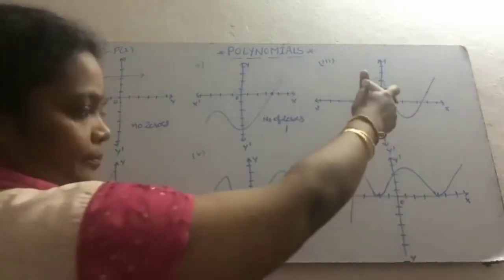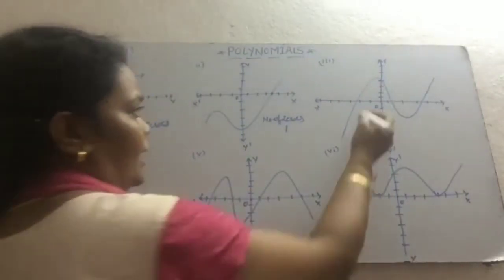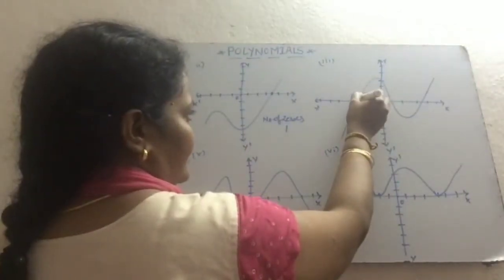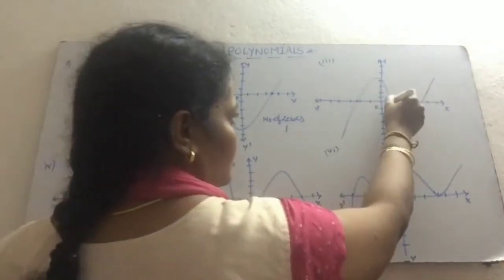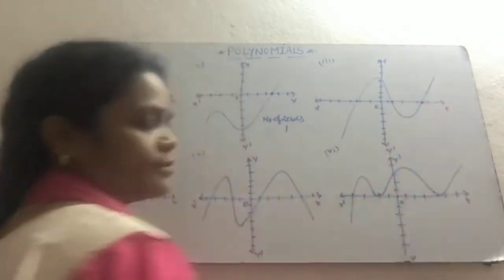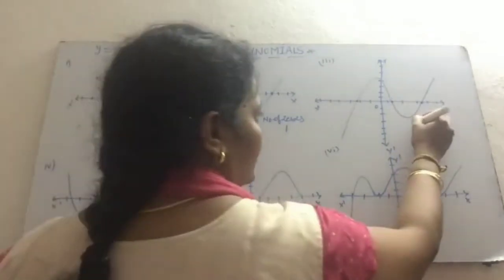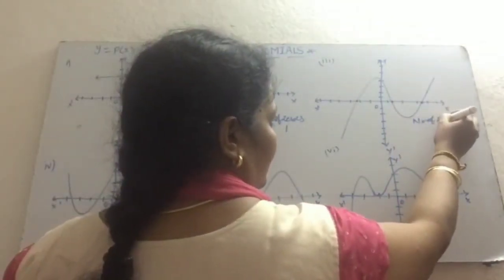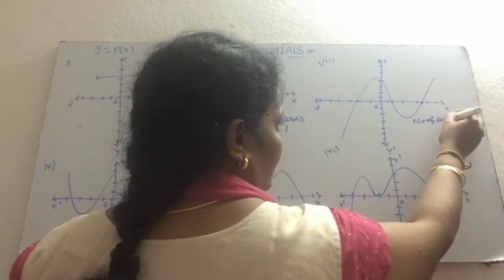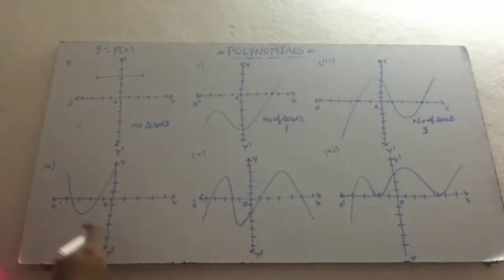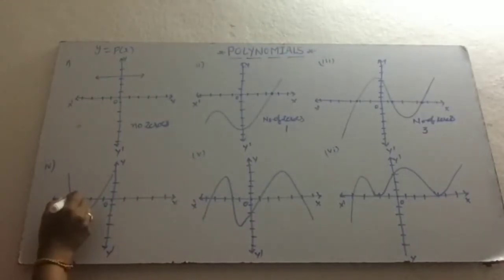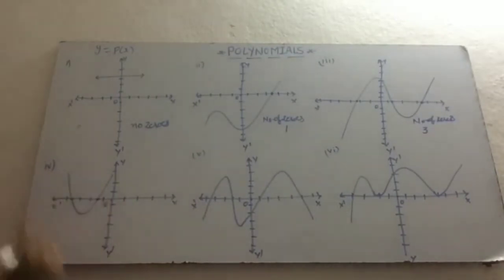And in the third diagram, x intersects the 1 point, 2 points and 3 points. So here number of zeros are 3. And in the fourth one, it intersects the x-axis at 2 points.